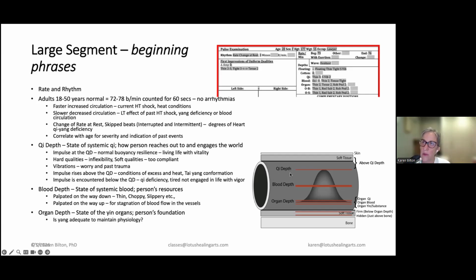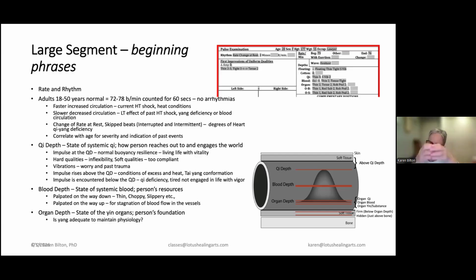As I said, for the most part, we're just feeling the chi, blood, and organ depth. As we push down through the chi depth to the blood depth to the organ depth, we should get increasing activity, increasing substance.